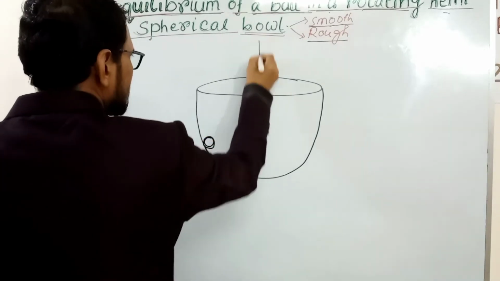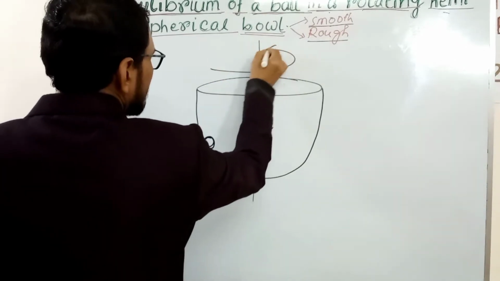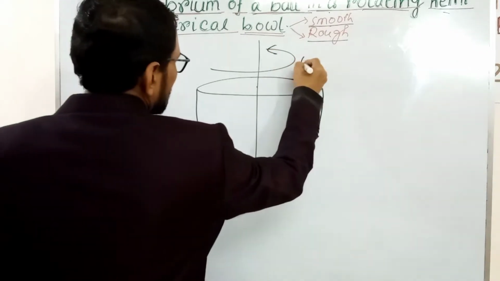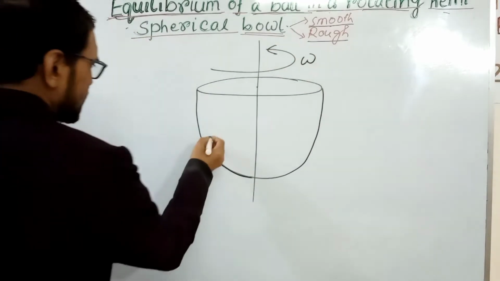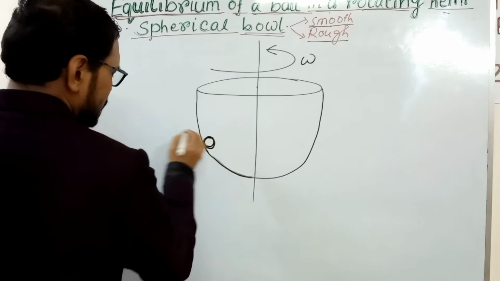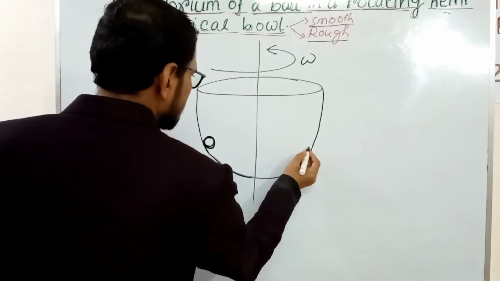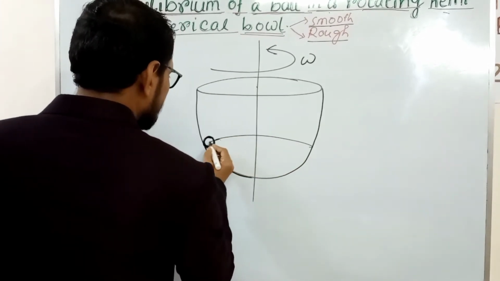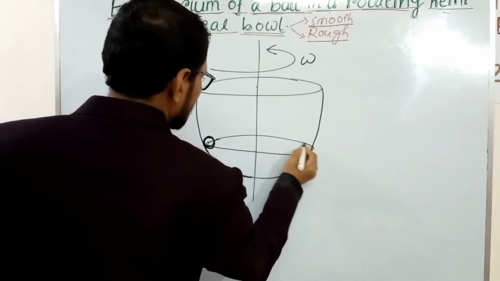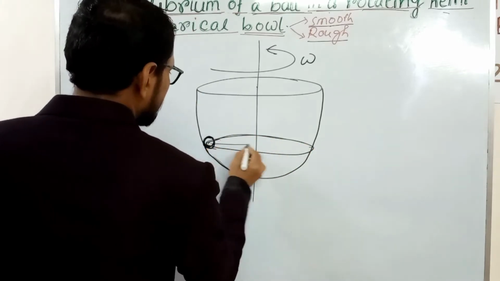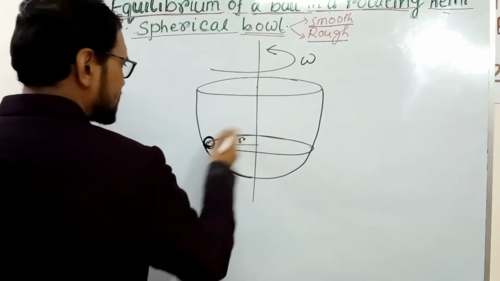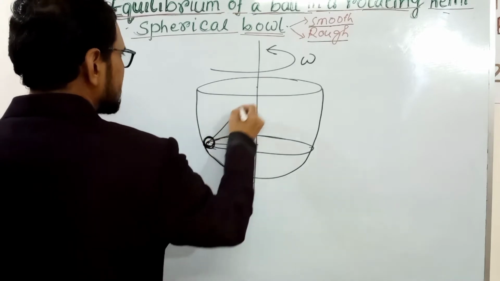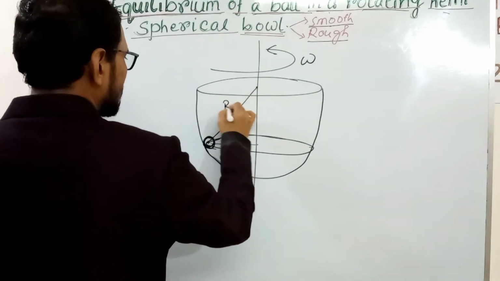The hemispherical bowl is rotating about the vertical axis with angular velocity omega, and the ball is present at this position and it is rotating in this circle. Small r is the radius of the circle and capital R is the radius of the hemispherical bowl.